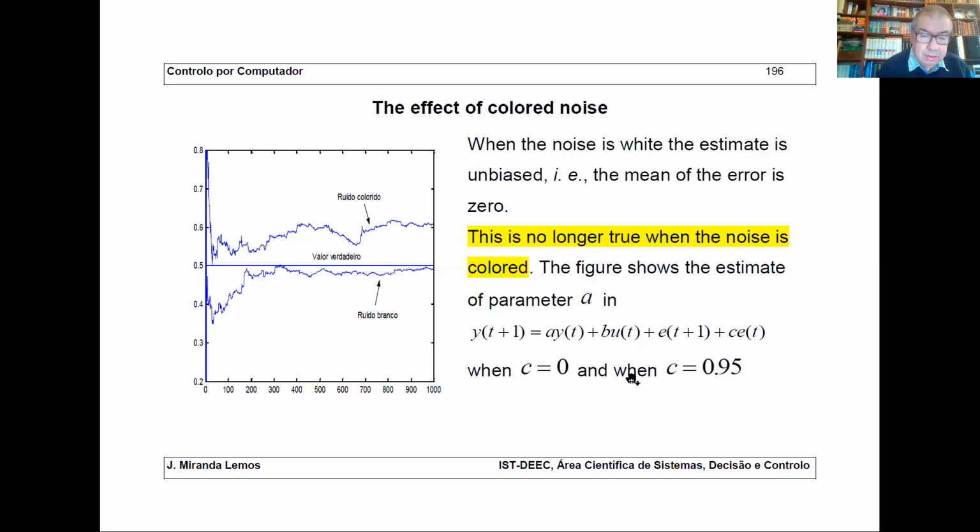And that's wonderful. We estimate B and C, and this bias in the estimate would disappear. The problem is that we don't know E.